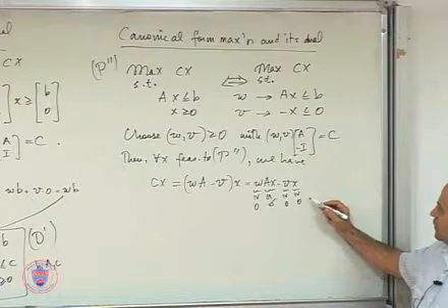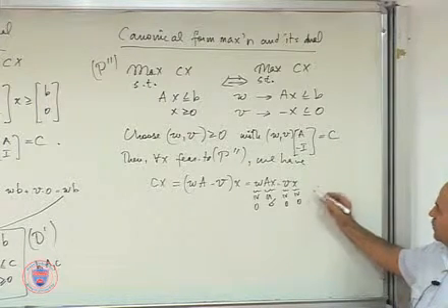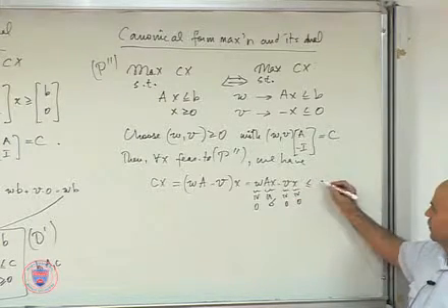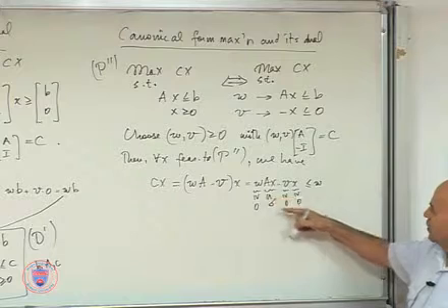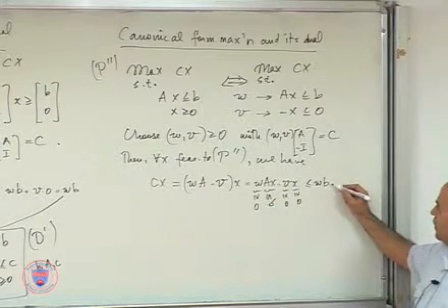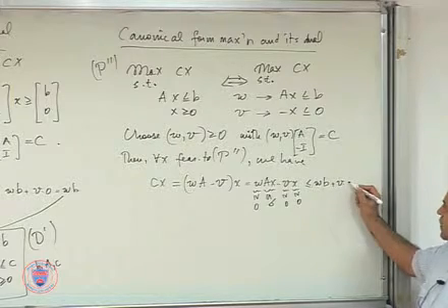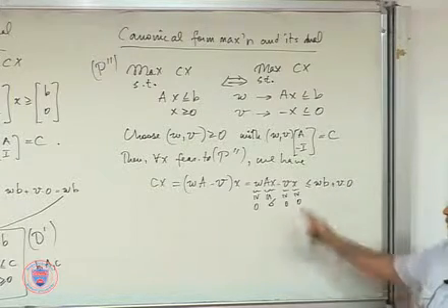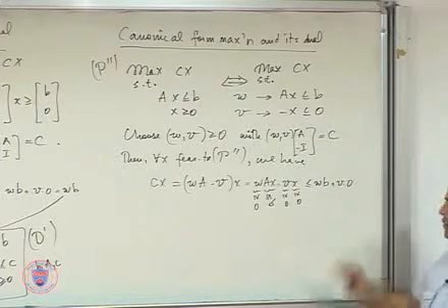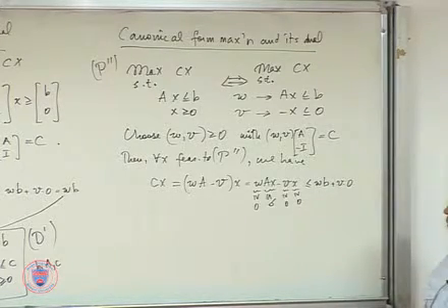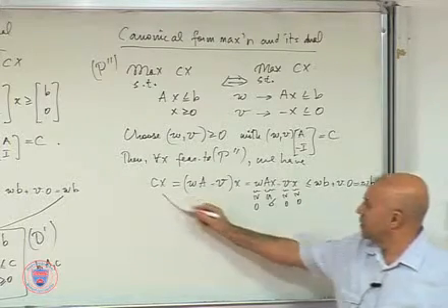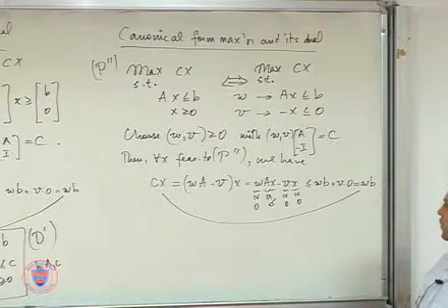So this will give you less than or equal to W times B plus V times 0. I'm taking minus X as non-positive, so you replace it with 0, which is equal to WB. So what do I have? WB is an upper bound.